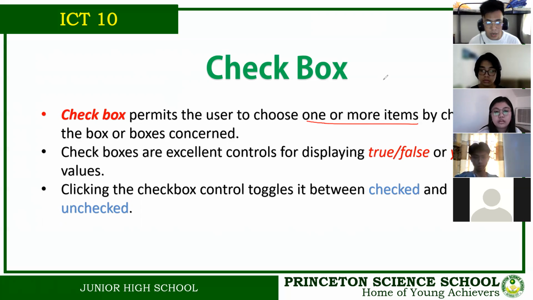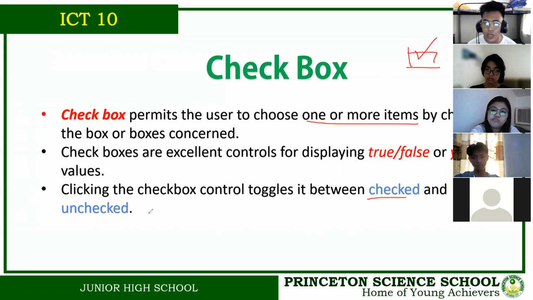The checkboxes are excellent controls for displaying true or false or yes or no values. So that is indicating checked or unchecked. If it is checked, that is a true value. If it is not, that is a false value. Clicking the checkbox control toggles it between checked and unchecked.